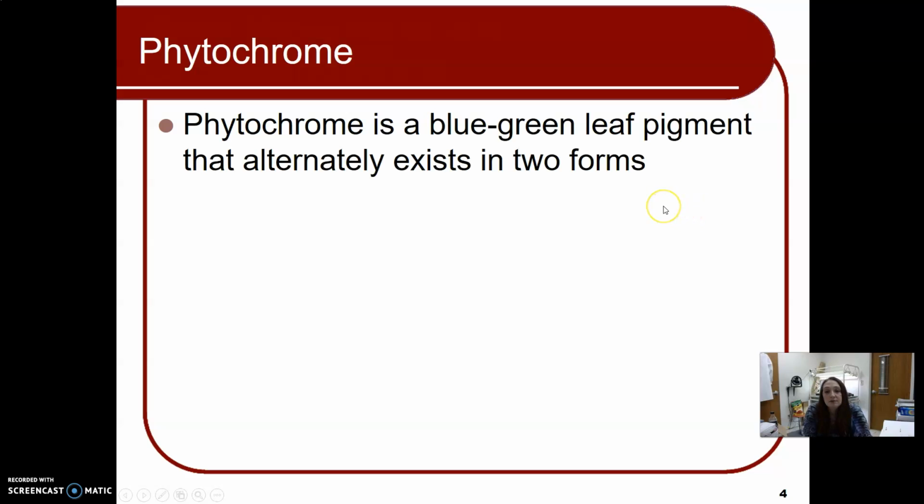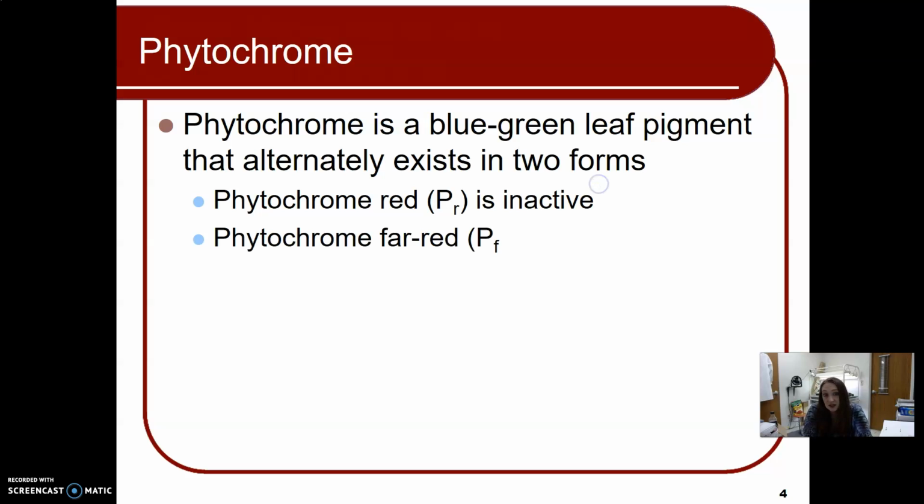Phytochrome is a blue-green leaf pigment that is found in two different forms. Phytochrome red, PR, is inactive, and phytochrome far red is PFR. Now these are blue-green leaf pigments, but we call them phytochrome R and phytochrome FR.